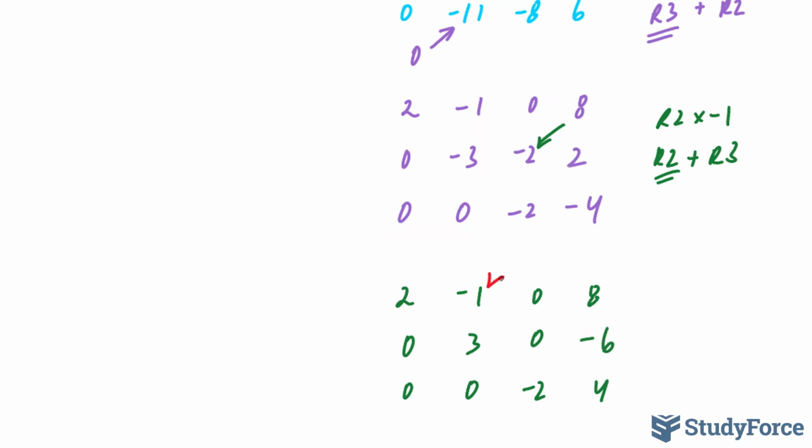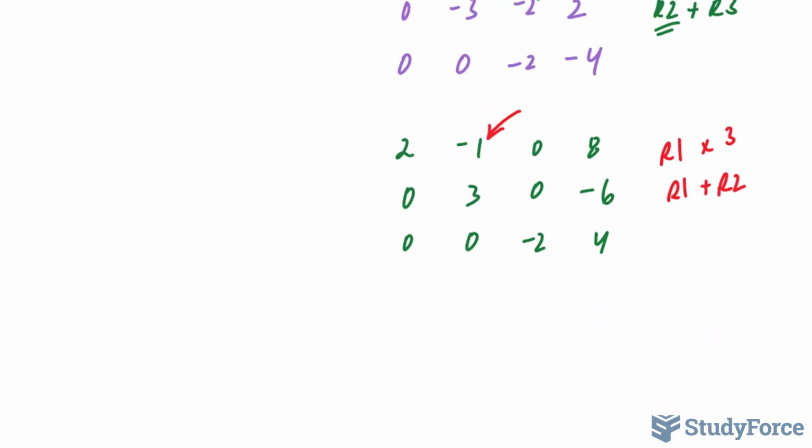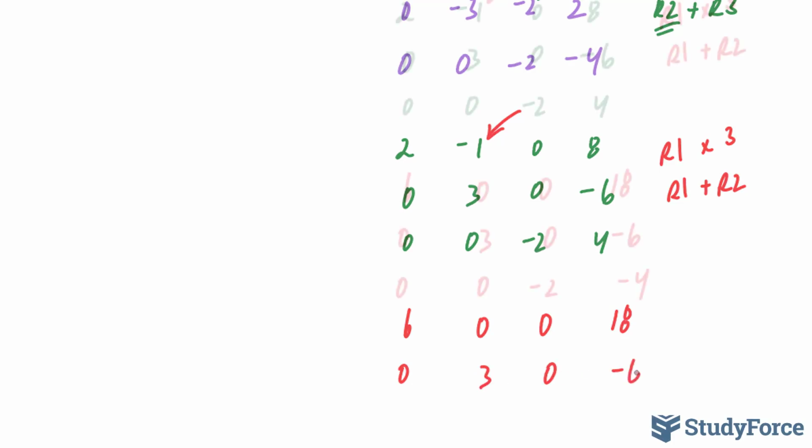Lastly, we want to get rid of this negative 1, and we can easily do that by multiplying row 1 by 3 and then adding row 1 plus row 2. If we do that, we should end up with 6, 0, 0, and 18. That's your first row. And your second and third row will remain the way they are.